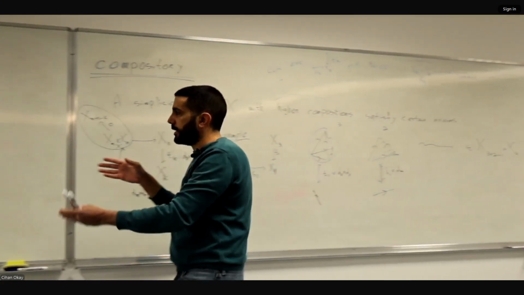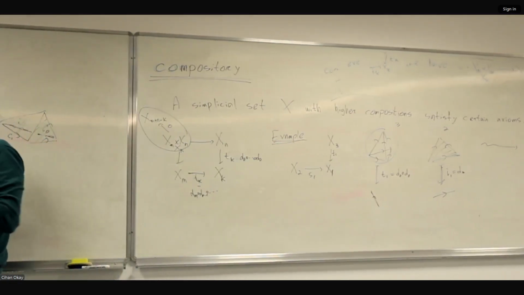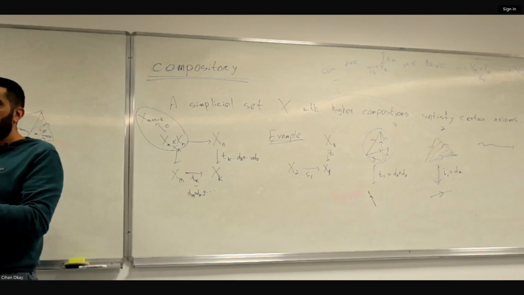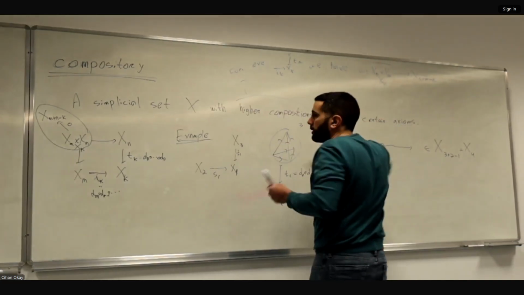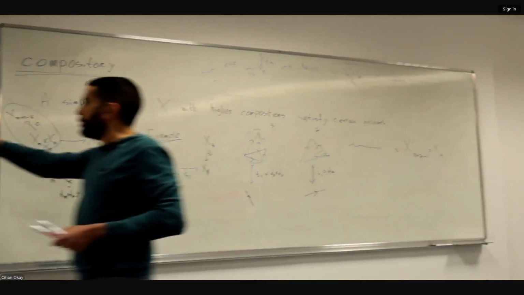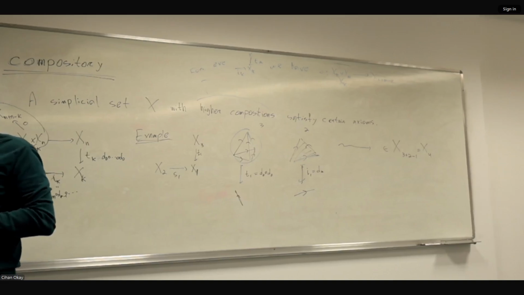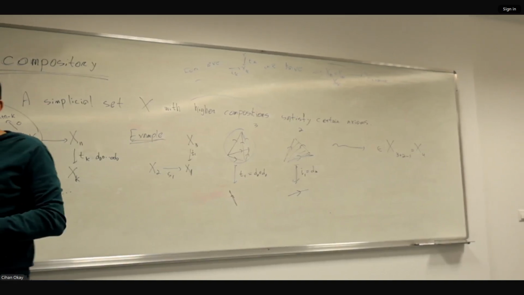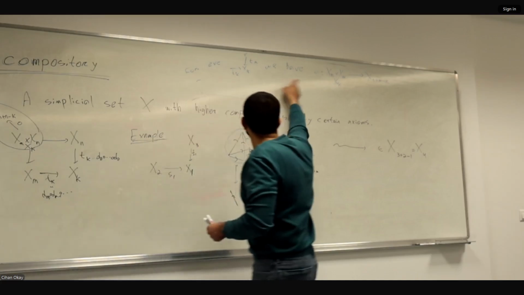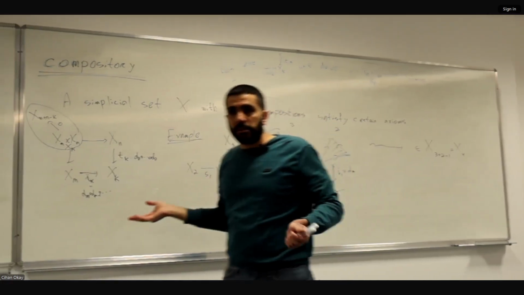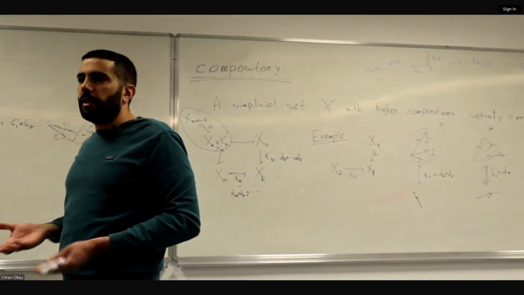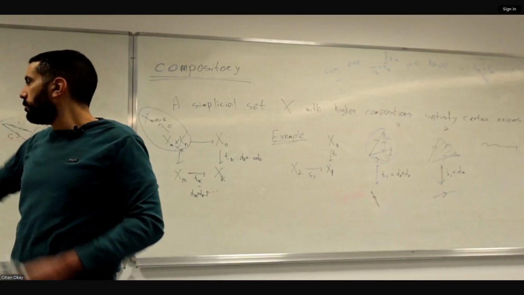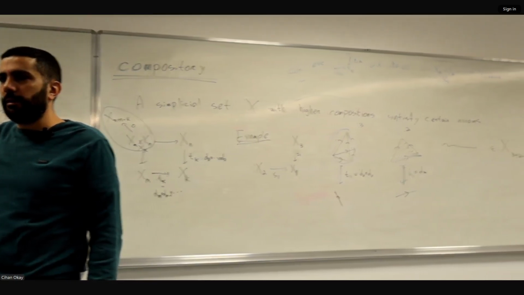If they are the same, you take some simplices, and there is some operation that gives you a new simplex. You apply this operation and it gives you a new simplex. So you have many operations, many functions like this, infinitely many compositions. But of course these compositions have some properties.